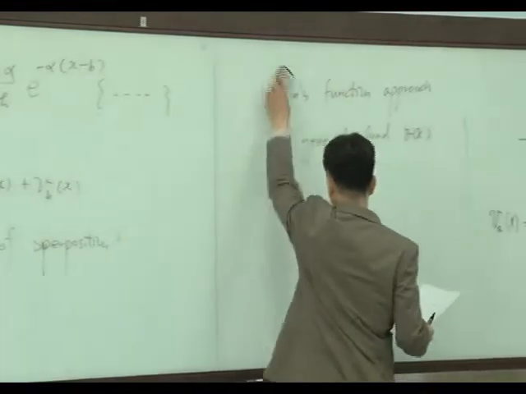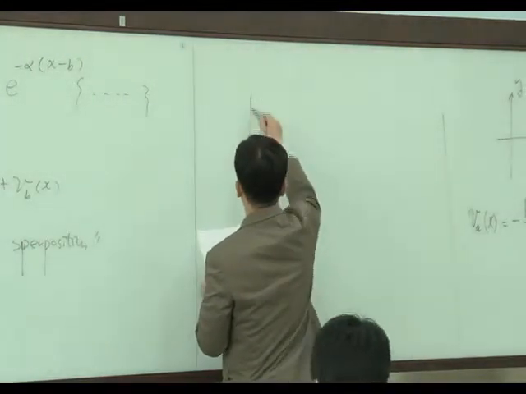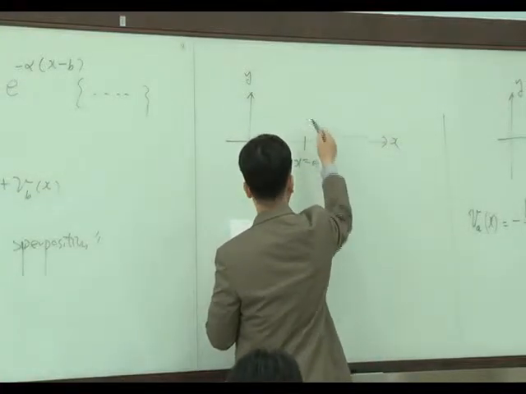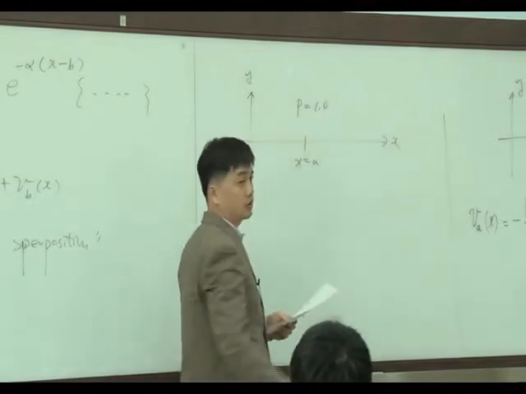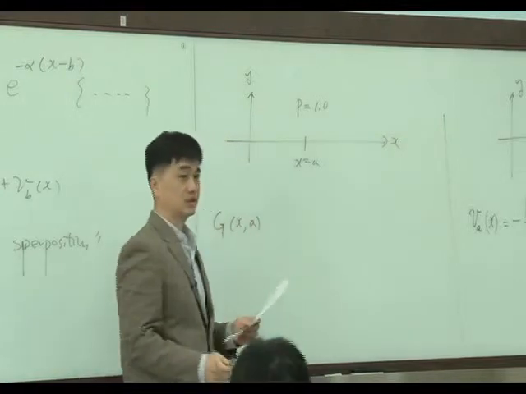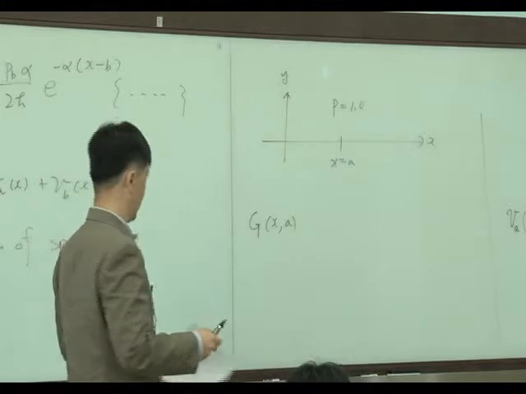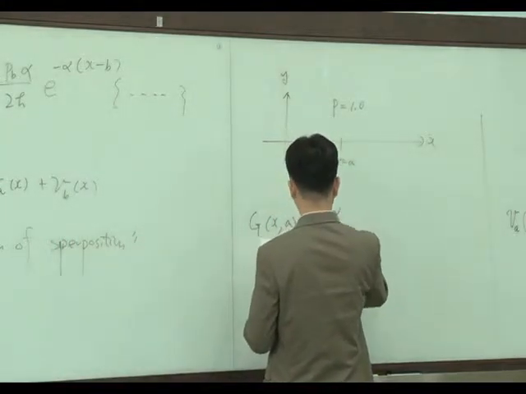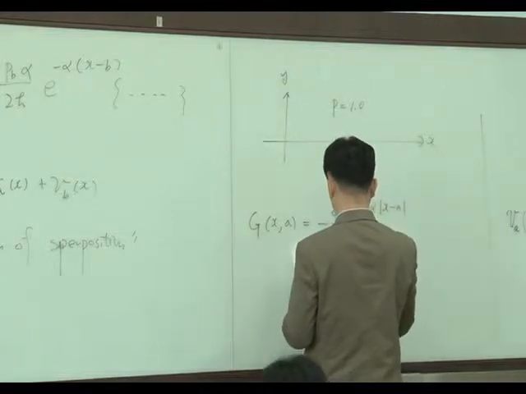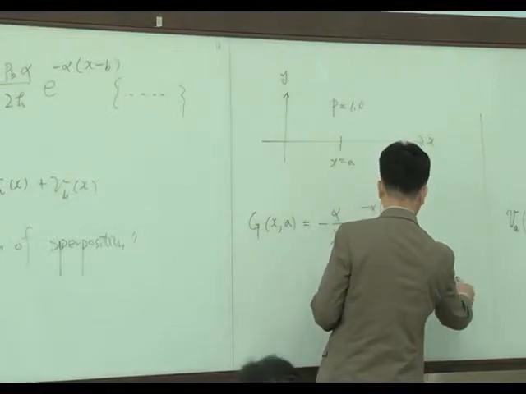So now let's generalize this simple idea. Here x, and let's say here x equal a, and a unit load P equal 1.0 is applied, and then let's define some function g as a function of x and a. x is a spatial point, and a is the point where the external load is applied, equal to minus alpha over 2k, e to the minus alpha |x minus a|, cosine alpha (x minus a) plus sine alpha |x minus a|.